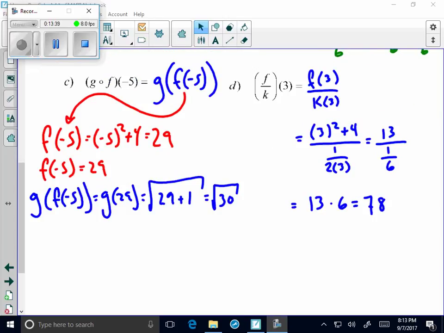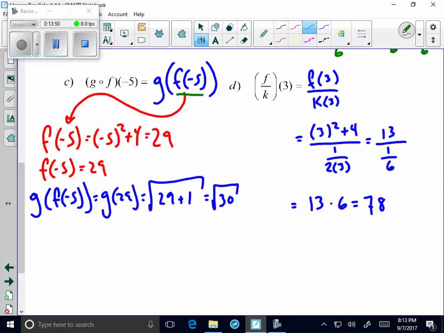All right, guys, so looking at these last two, we've got g of f of negative 5. So that's negative 5 first plugged into f, and then the output of that plugged into g. So first we evaluate f of negative 5. Squaring negative 5 and adding 4 gives us 29. So f of negative 5 is 29.